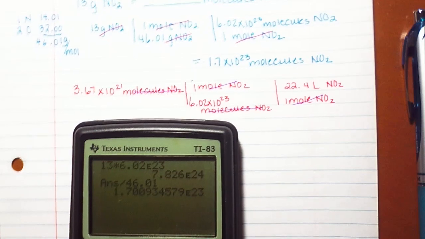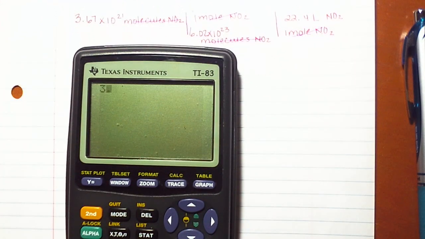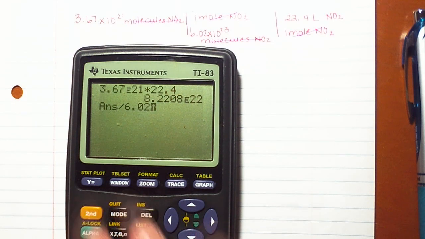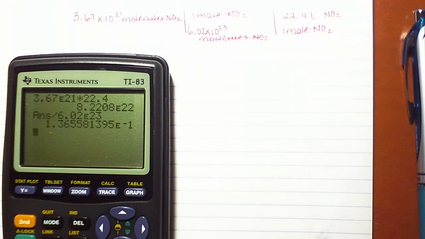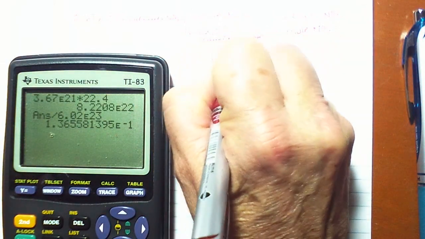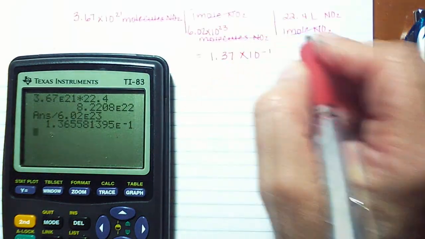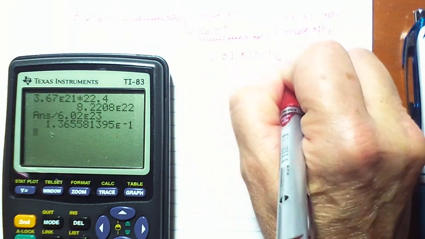So now my calculator work on this is going to be 3.67 E21 times 22.4 equals, divided by 6.02 E23. So I get 1.37 times 10 to the minus 1, and then liters of NO2.